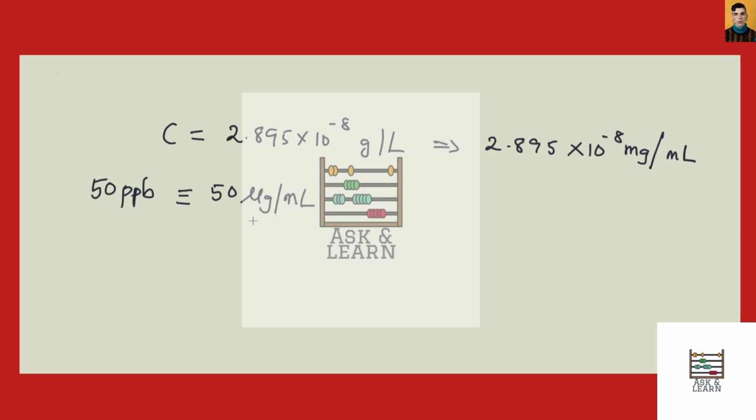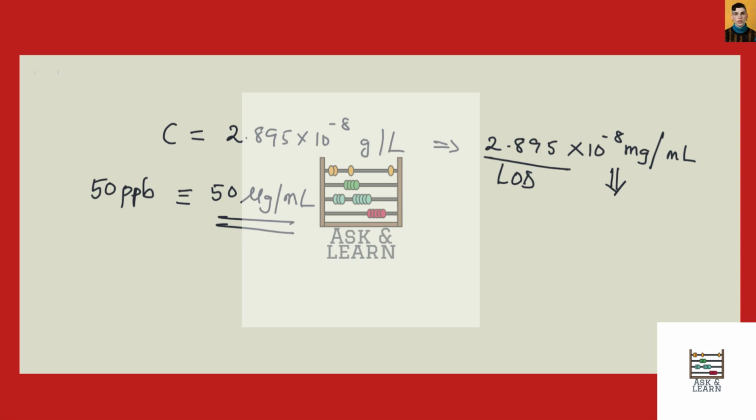So 50 parts per billion is 50 microgram per liter, and the limit of detection for the spectrometer is 2.895 times 10 raised to the power minus 8 milligram per liter. So we can go ahead and convert these to microgram just to have a good basis for the comparison.